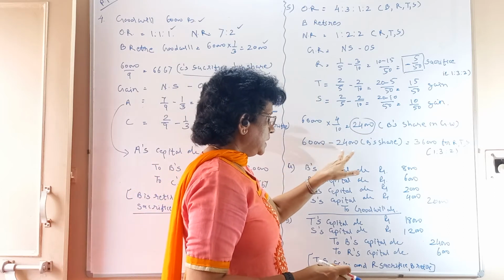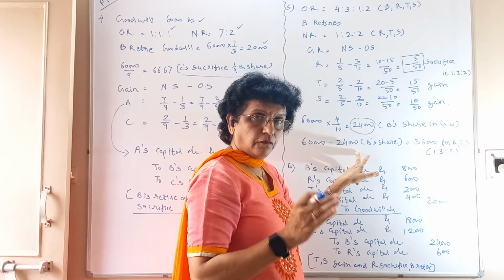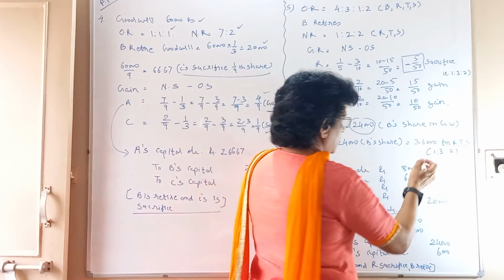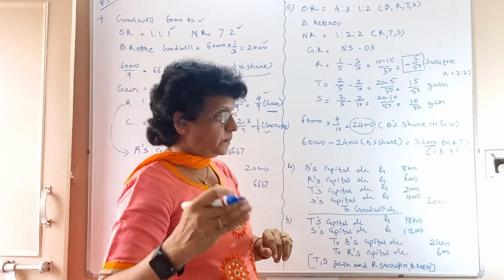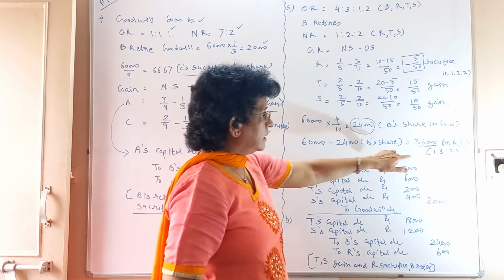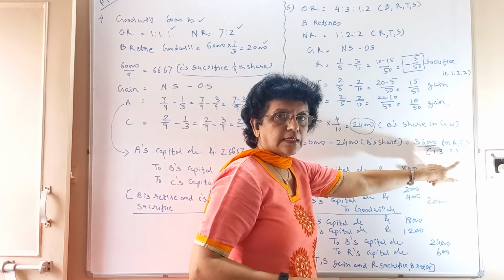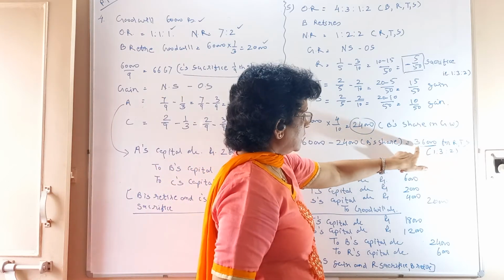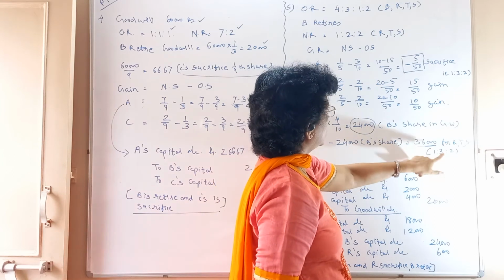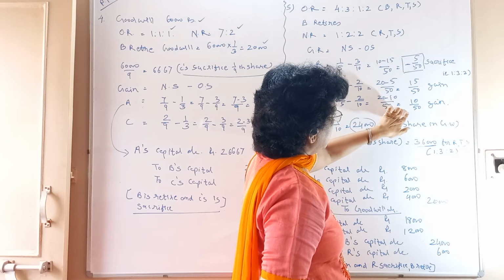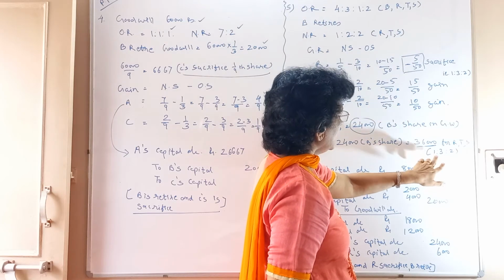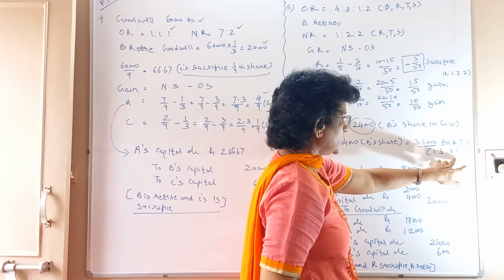Out of that, B's share is 24,000. So the remaining goodwill is 36,000. This goodwill is to be shared among the partners as per their sacrifice and gain. So this 36,000 is to be distributed in the ratio 5/50, 15/50, 10/50. If you reduce the form, you will get 1:3:2.